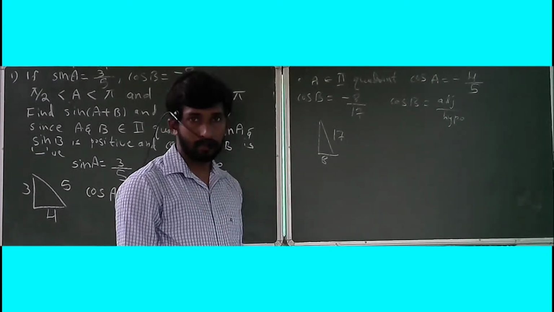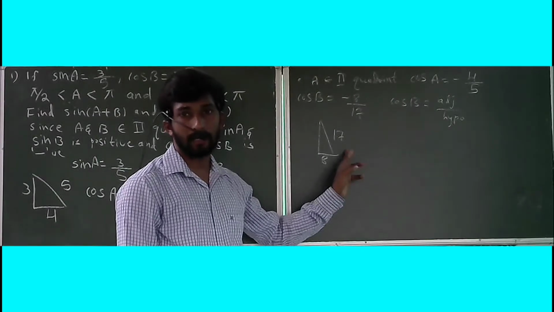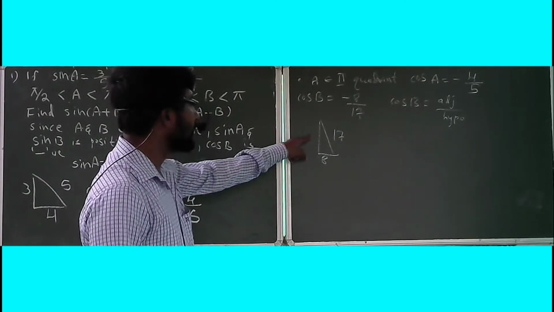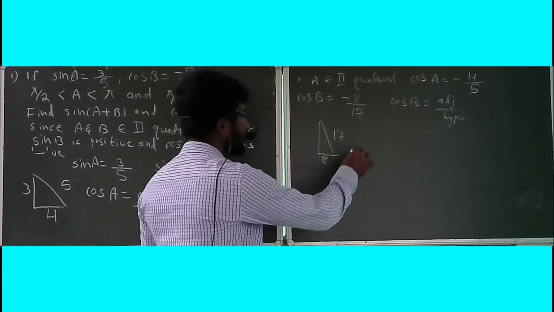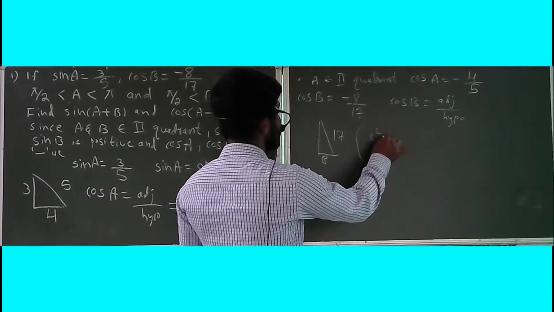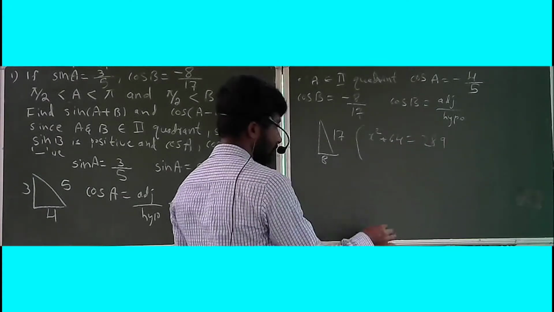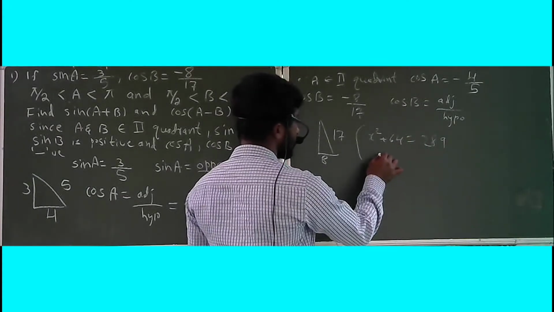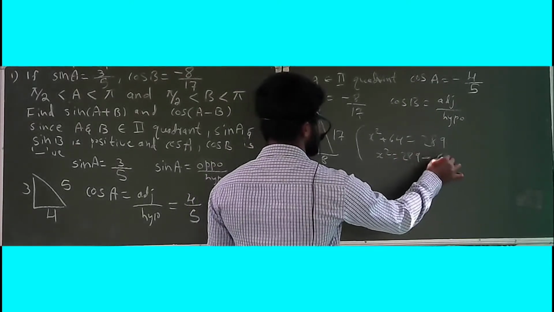Apply Pythagoras theorem. X square plus 8 square is equal to 17 square. You can observe x square plus 64 is equal to 17 square, 289. If you simplify this, you will get x square is equal to 289 minus 64.